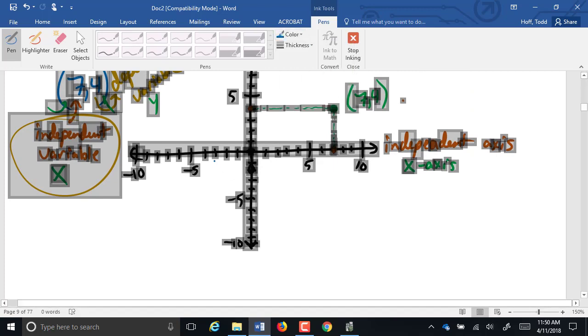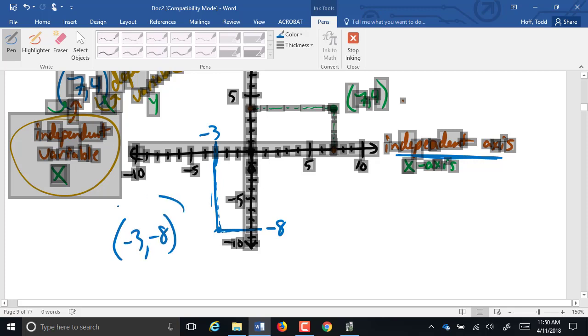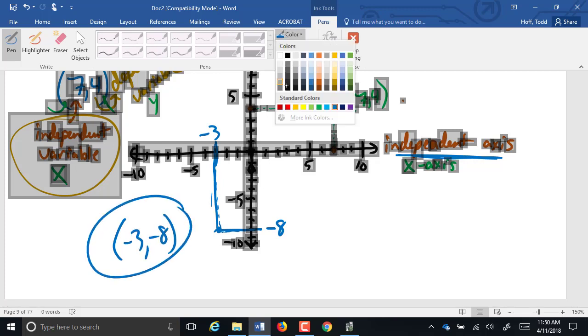If I put a point on there like this here, what is the coordinate of that point? Now the independent variable always goes first, so we follow it up to a -3, then the dependent variable goes second, we follow that over to a -8, so that would be -3, -8 as the coordinate for that point.